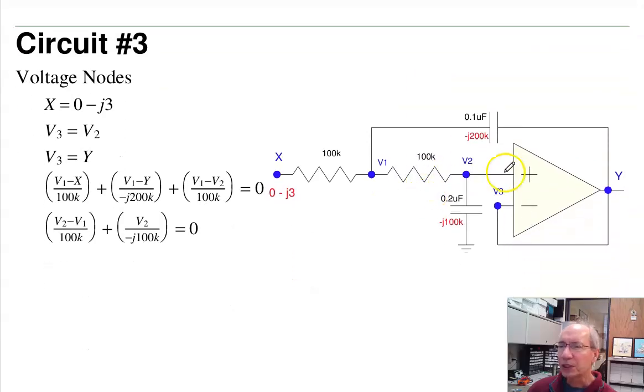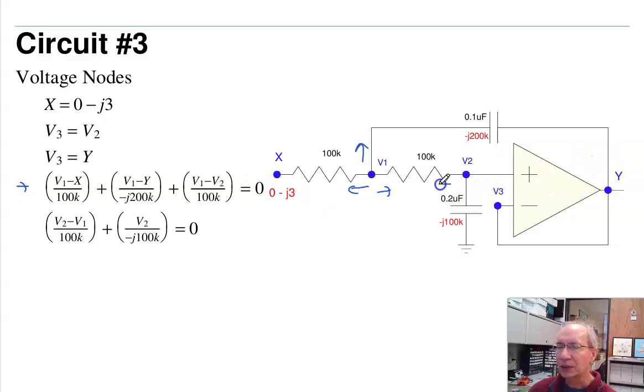If I want to do voltage nodes, I have a couple equations. X equals 0 minus j3, that's one equation. V2 equals V3, that's two equations. V3 equals Y, that's three equations. I need two more equations. The other two equations are at V1, current left, current right, current up equals 0. That's this one.